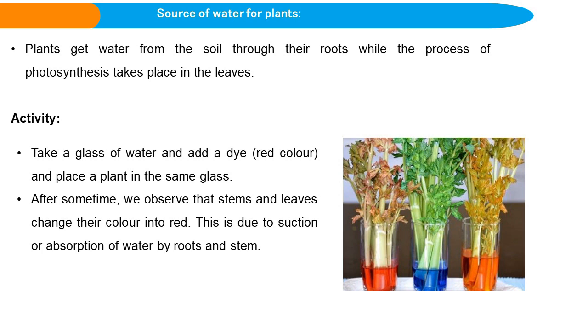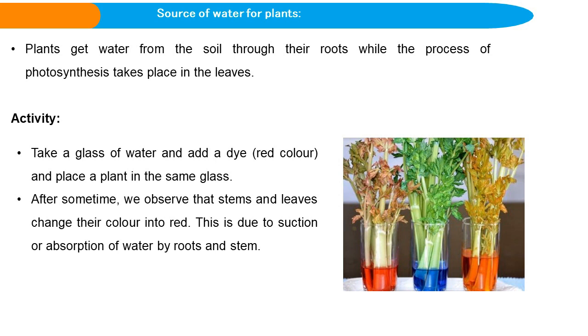Let's see one activity, children. Here we are taking 3 glasses of water and we place 3 different plants. 3 plants of the same kind is also not a problem, and we are adding 3 different dyes. In one glass of water we added red color, in one glass blue and one orange.